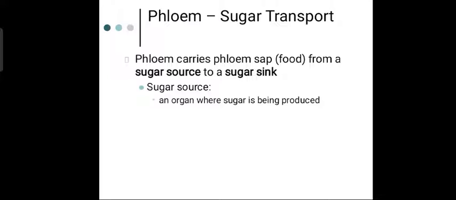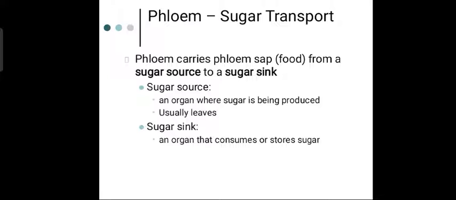A sugar source is an organ where sugar is being produced, usually a leaf, and a sugar sink is an organ that consumes or stores sugar, for example roots, growing stems, buds and fruits.